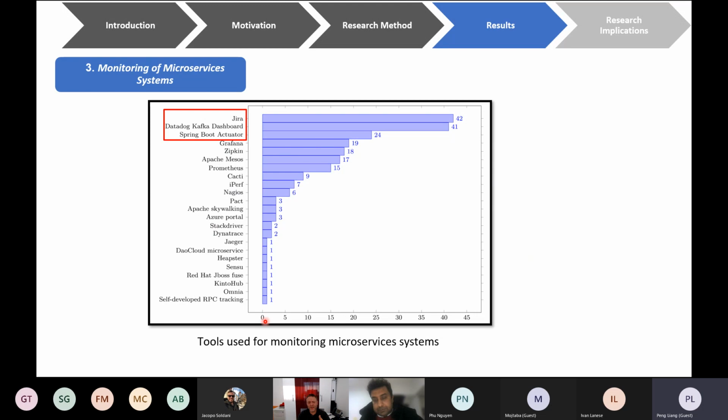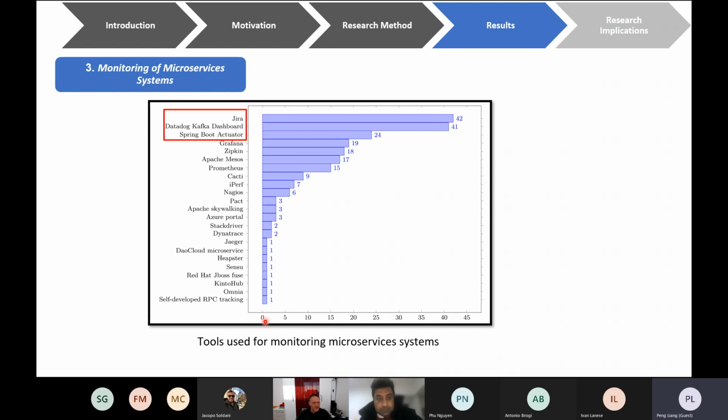So in this way they consider Jira as a tool to monitor the development of the microservices system. And 2 other interviewees consider Jira as part of monitoring the microservices system.